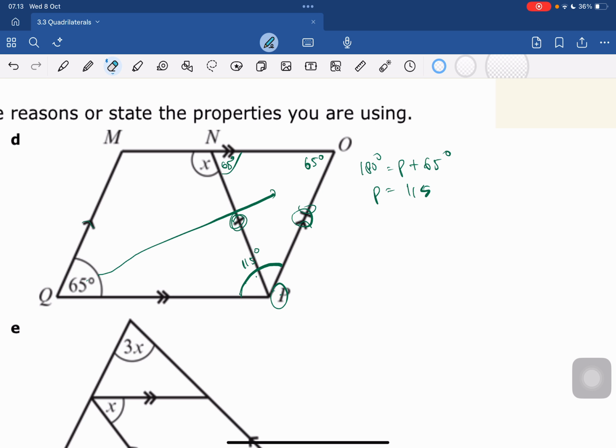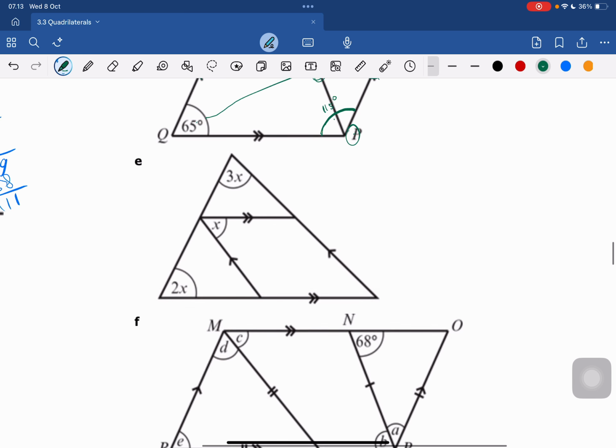Okay, not co-interior here. This is one line, the total of 180. So 180 equals x plus 65, so x equals 115 degrees. So this x is 115 degrees as well.